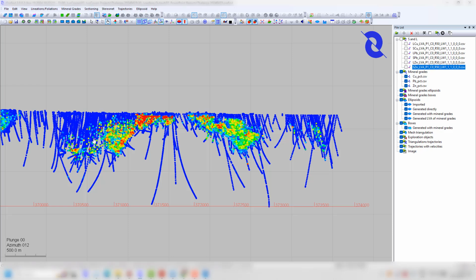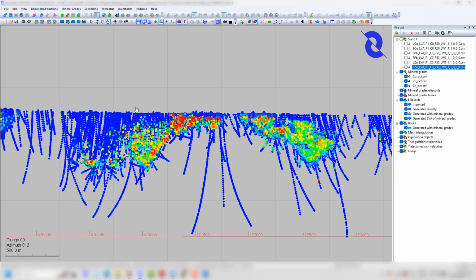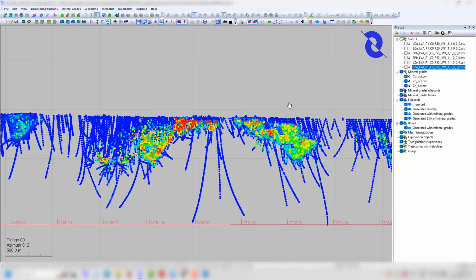And I can structurally analyze mineral deposits like this, work out their plunge and likely structural information at the deposit scale. So all these predictions that I made are testable. They're falsifiable hypotheses that you can go and look at the core, or go in the field and map the actual rocks. So they're very useful information.